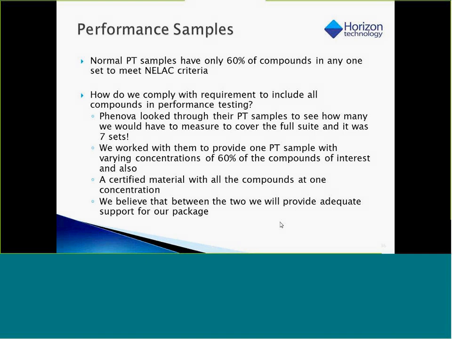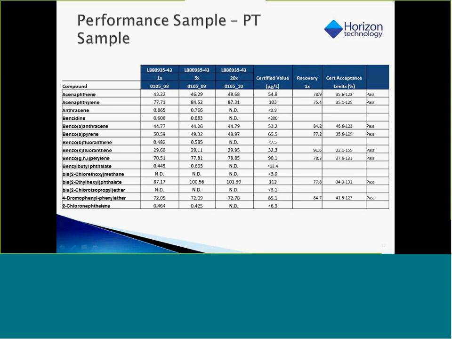So I think between the two, we'll have shown very adequately that we have met this criteria. And I haven't gotten any pushback from EPA on this point. So here are the results of the performance sample with the varying concentrations for a selected set of analytes, and you can see that we did very well with analytes that were present.